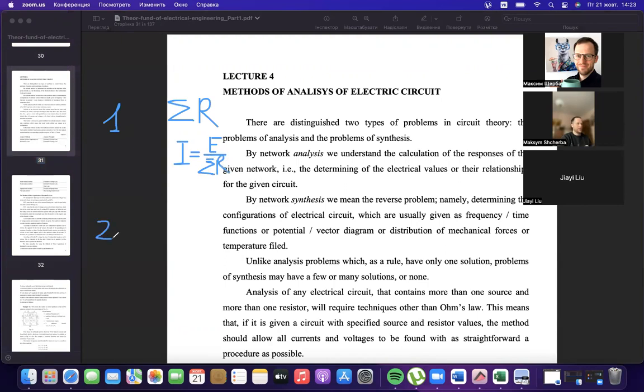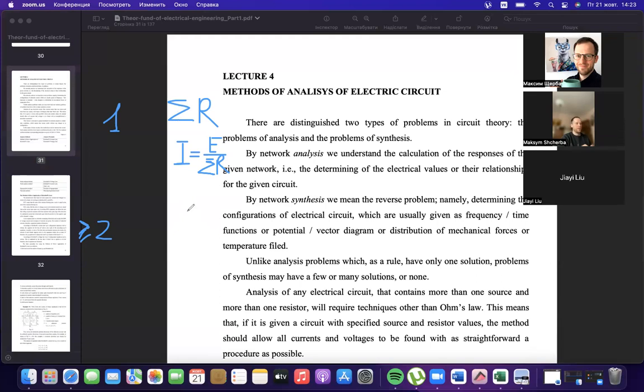In all other cases, when we have a couple of sources, more than one, starting from 2 and then 3, 4, 5, and so on, such circuits, such models are called complex, and we cannot find total resistance because we don't know near which points we should do this, because near each of the sources we could calculate total resistance.